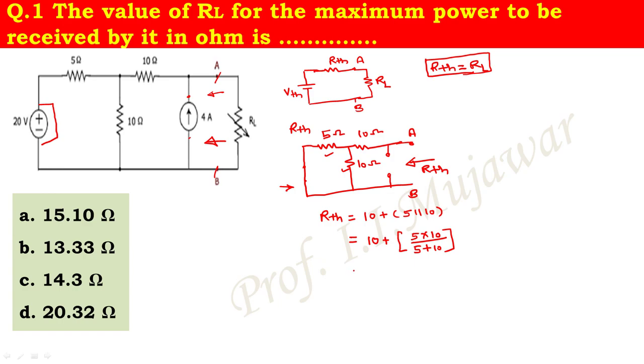So you have 10 plus 50 by 15, which is 10 plus 3.33. So your final answer for RTH is 13.33 ohm. Now this RTH and RL should be the same. That means your option for this particular problem is B.